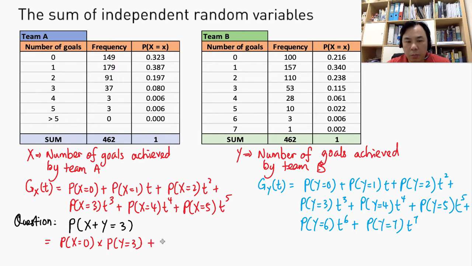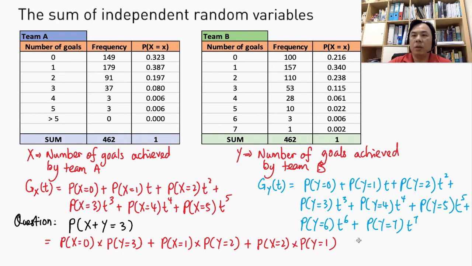Or it could be team A has already scored 1, but team B has scored 2, therefore the sum of their scores is 3 there. Or it could be the probability of X scoring 2 goals, but Y has achieved 1 goal here.